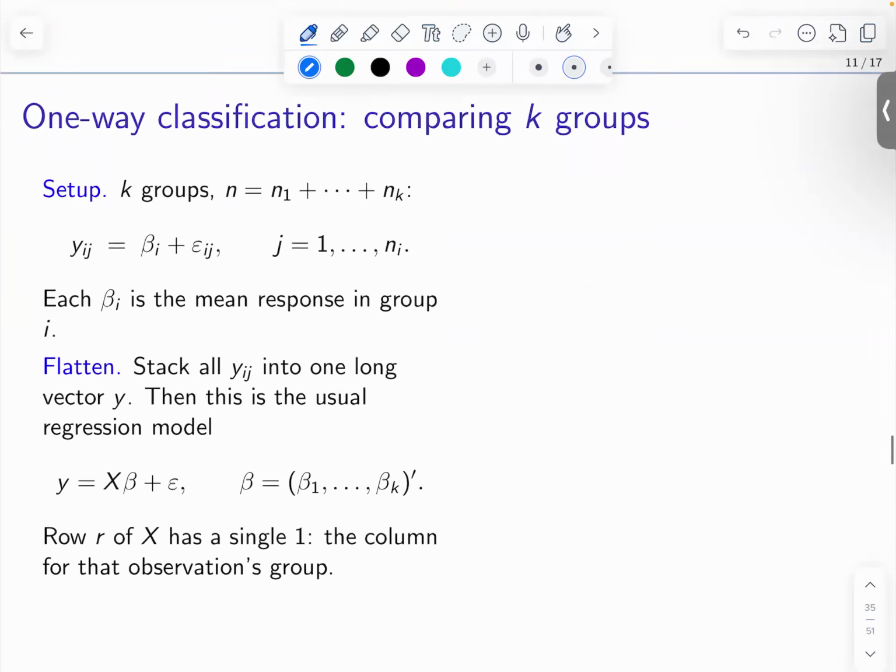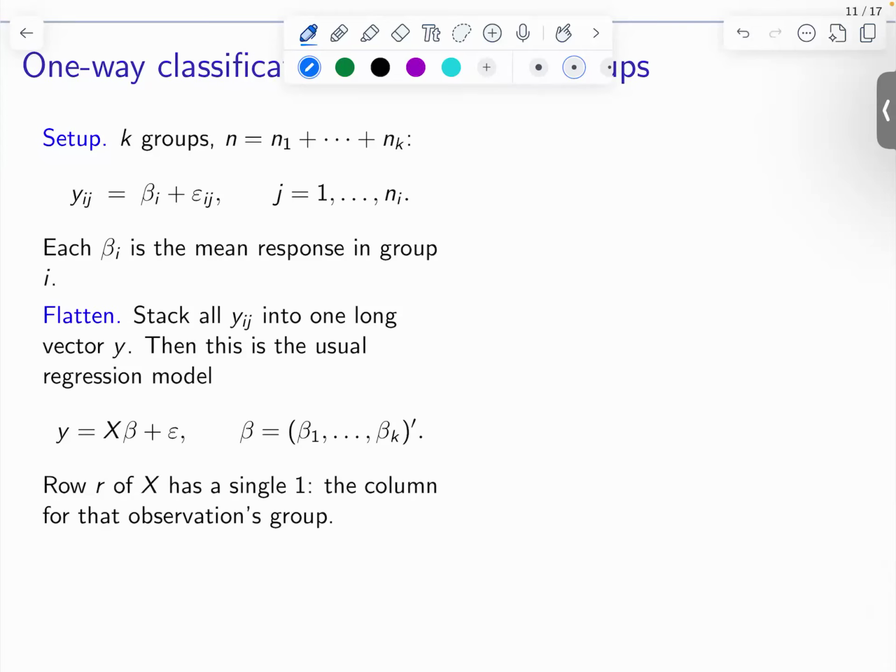But there's no need to worry, you can flatten. You stack all these Yij's into one long vector. Let's say I first order people by group. It doesn't matter if you do it or not, but it would look cleaner when I show the design matrix. So you can stack them in any order you want.